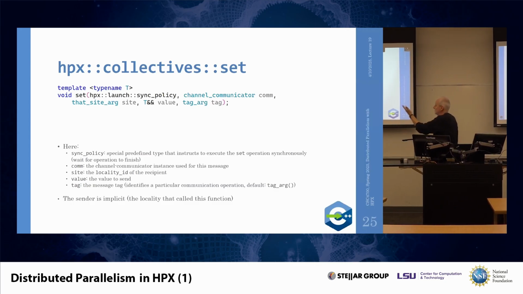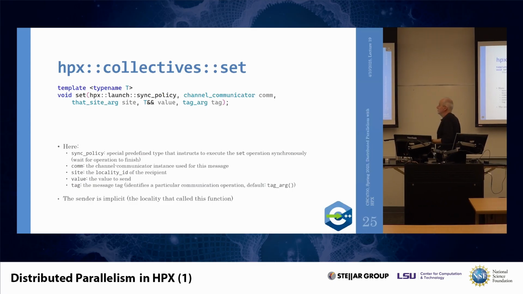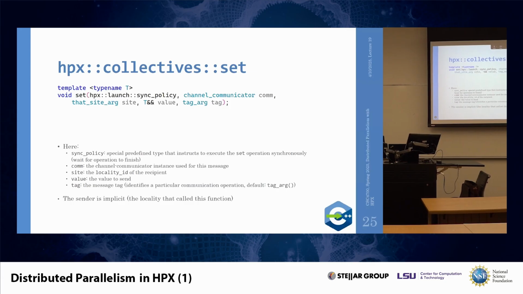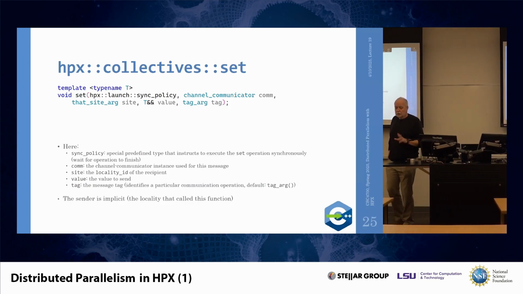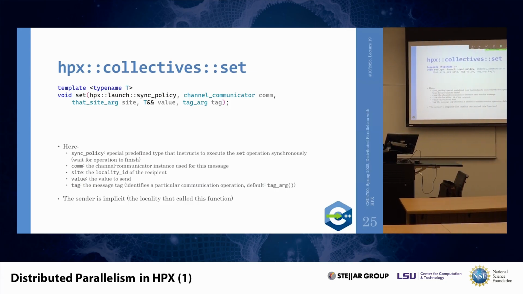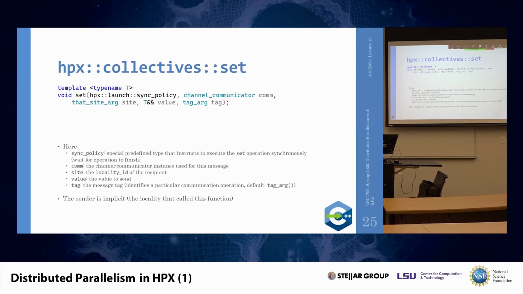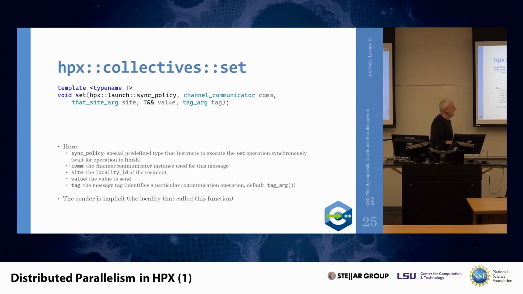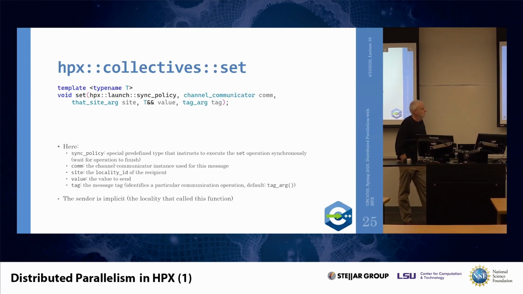T is a template, so you can send any object in C++. And the tag is an additional argument that allows you to identify that particular communication, because you can have several connections between two localities, and the tag uniquely identifies each of those communications. So it's kind of an identifier for a particular communication operation.